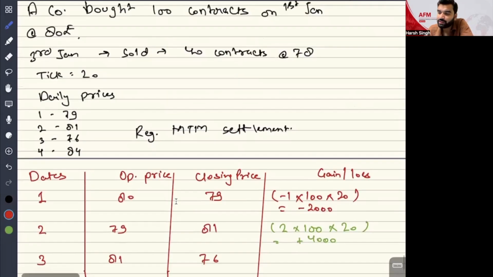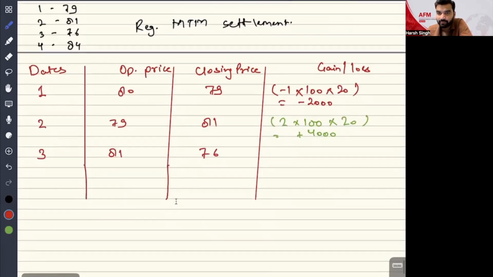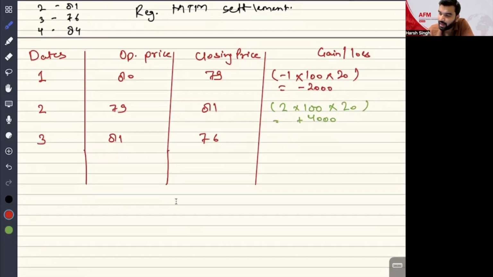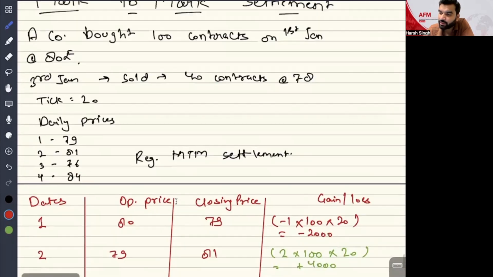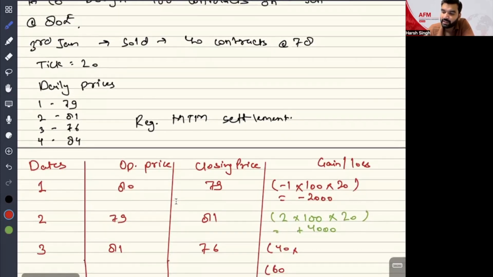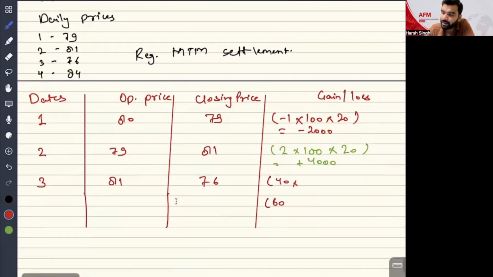Over here I have sold 40 contracts at 78, so I will have two types of contract, 40 contracts and then 60 contracts. On the 40 contracts I am making a loss: 81 minus 78, that is minus 3, multiplied by tick which is 20, plus 60 multiplied by minus 5, because 81 to 76, multiplied by 20.